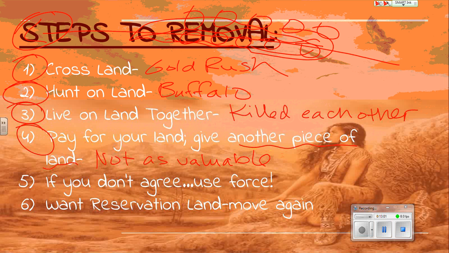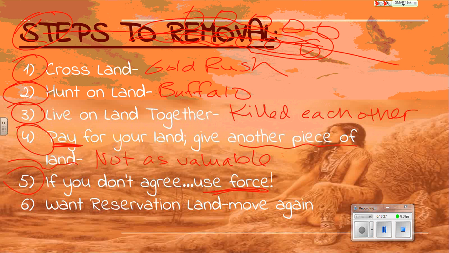It has poor soil, or there's not much hunting in that area, whatever it might be, but they were moved to another piece of land. And here's the deal. You might as well take this pay, because if you don't move when we tell you to, guess what? Then we're going to use force and we're going to make you leave and you won't get paid. So one way or the other, they were going to make them move.